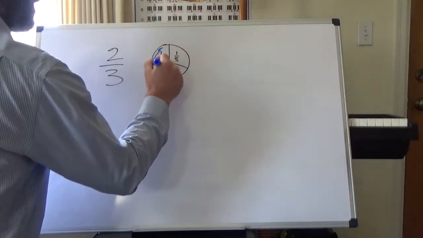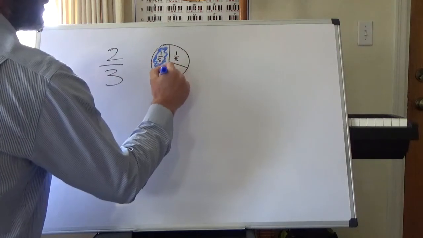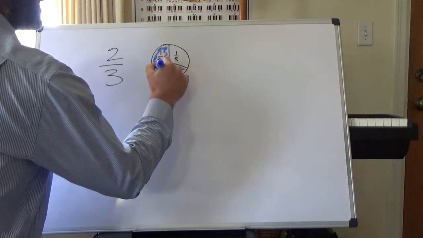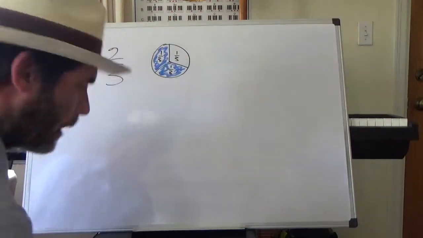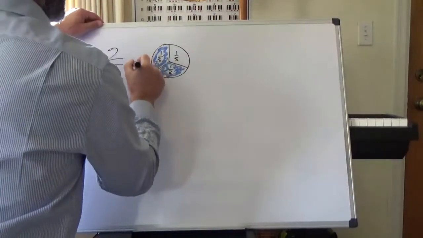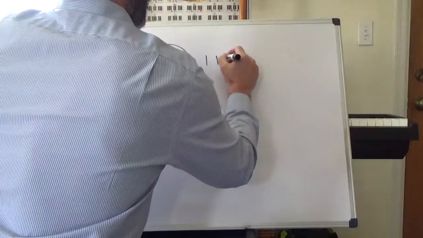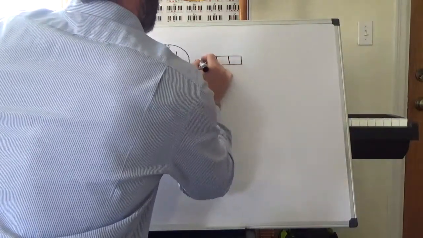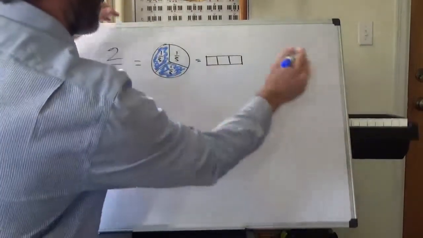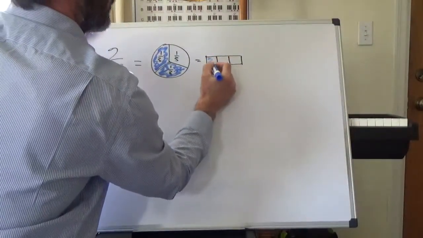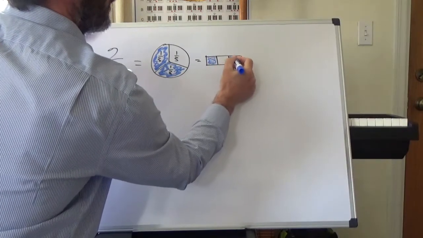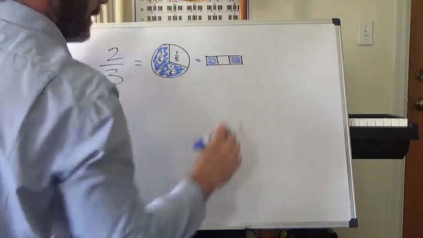So I'll probably just shade in 2 out of 3. That's one way to indicate that. Of course, I can do it this way too. And I could shade in these two. Do they always have to be next to each other? No, they don't. This is still 2 out of 3.